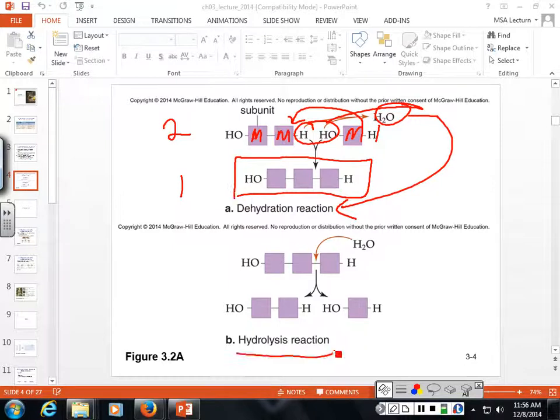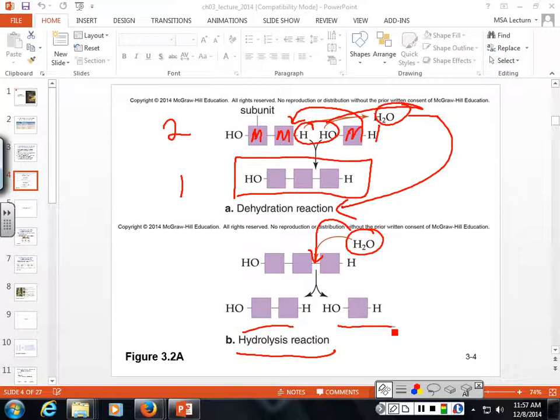Now if I want to do hydrolysis, that means split with water. I have to take water and split, and now I have 2 separate pieces from the one. When you see the water, you should realize that water is important for this step. If you do not have water, you're not able to do dehydration or hydrolysis reactions. So this is yet another example of how water is a very important biomolecule.